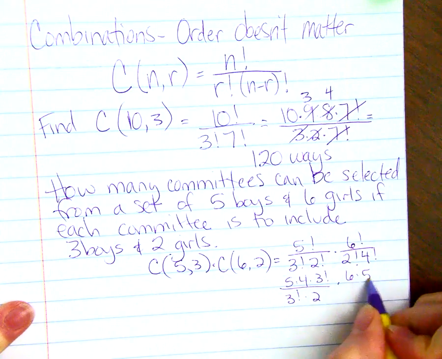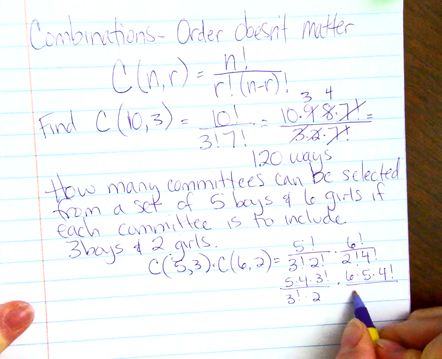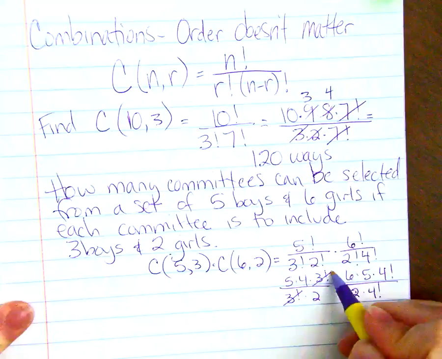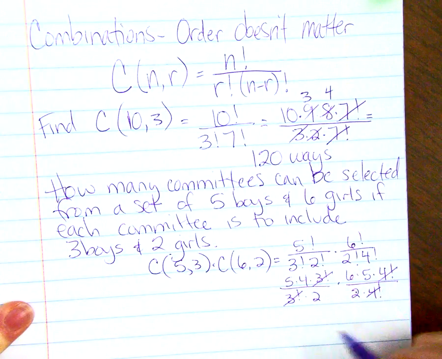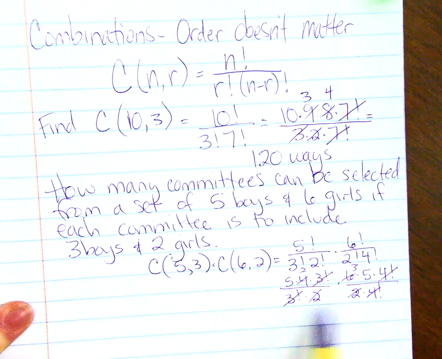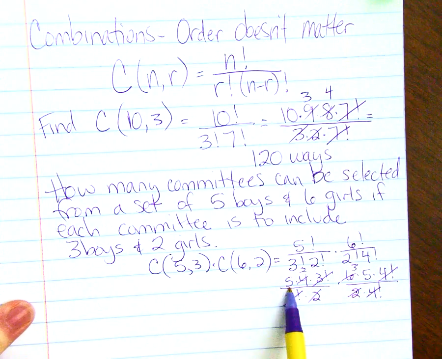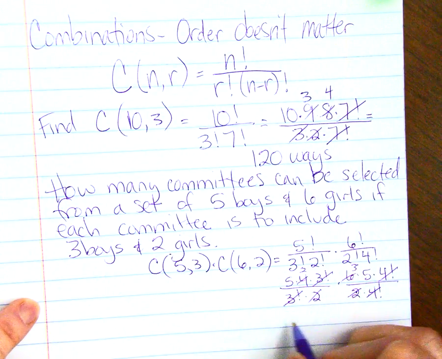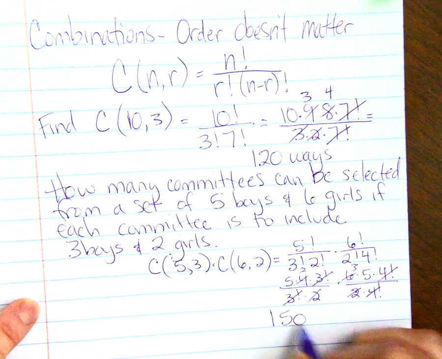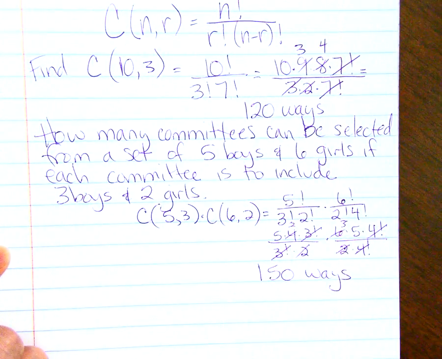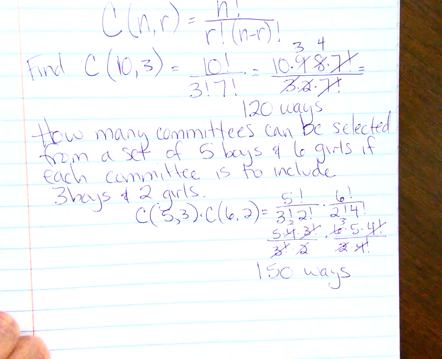And I'm going to do 6, 5, 4 factorial over 2 times 4 factorial. Then I can cancel. 2 goes into 4 twice. 2 goes into 6 3 times. And basically, 5 times 2 is 10, times 3 times 5 is 150. So there's 150 ways to choose a committee of 3 boys and 2 girls out of 5 boys and 6 girls. And that's the end of the lesson.